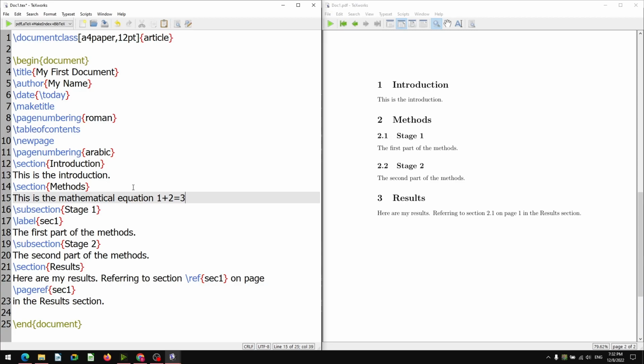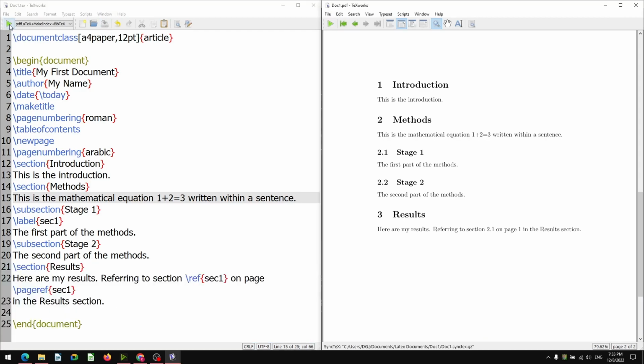So first we will check this. This is the mathematical equation 2 full stop, or we can write it within a sentence. Okay, so this we can print on the document below Methods.